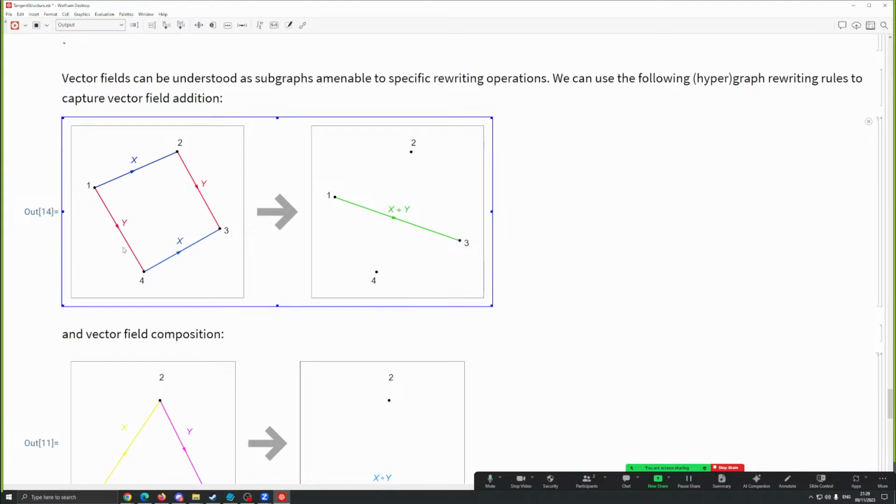I don't know if you want this parallelogram rule. I drew it because it looks like the diagram from school. Yeah, that's true. It's also, I think, obviously commutative, right? It is obviously commutative, yes. Is that symmetric? Is that true? That's actually interesting.